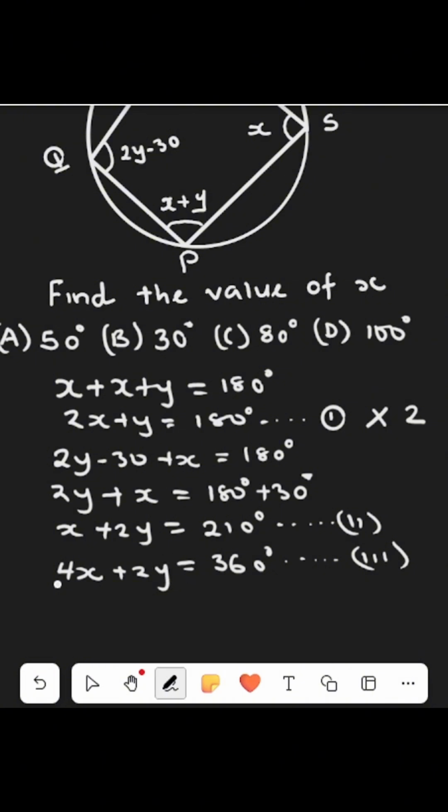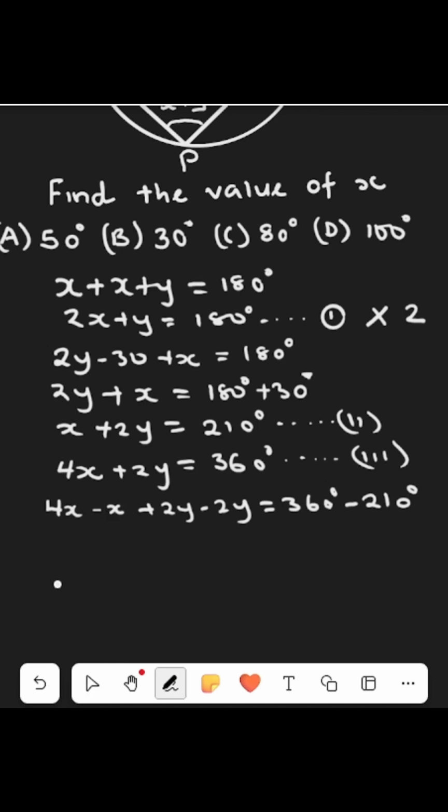We are going to have 4x minus x plus 2y minus 2y equals 360 degrees minus 210 degrees. 4x minus x, we have 3x, plus 2y minus 2y will give us 0. 360 degrees minus 210 degrees, we are going to have 150 degrees.